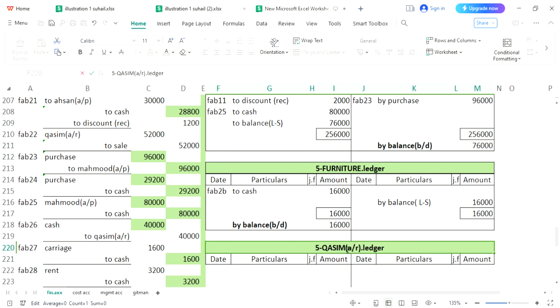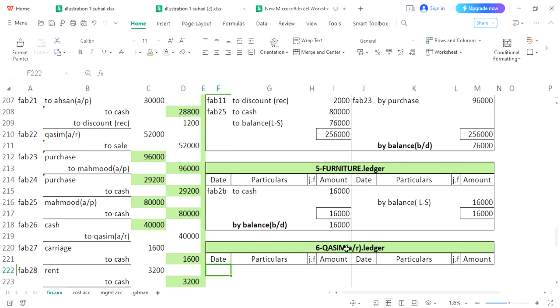In this way we are changing its number as well. The sixth ledger we are going to complete. You can see the other headings are absolutely similar.